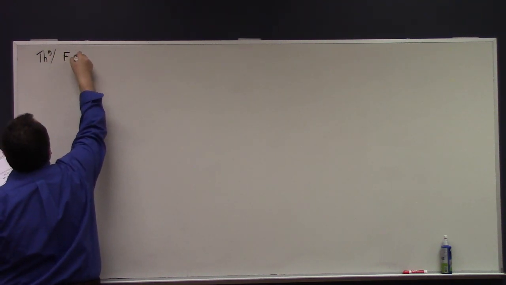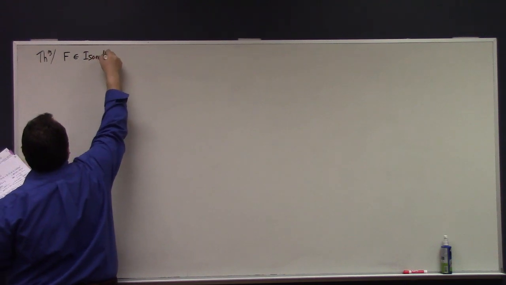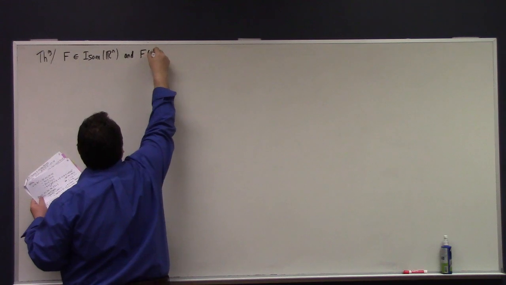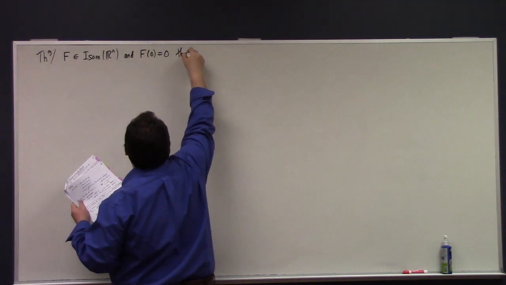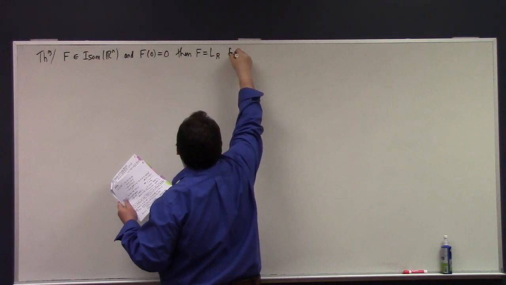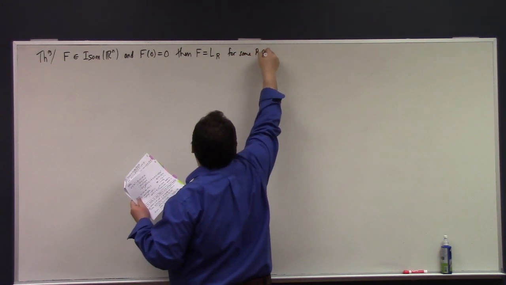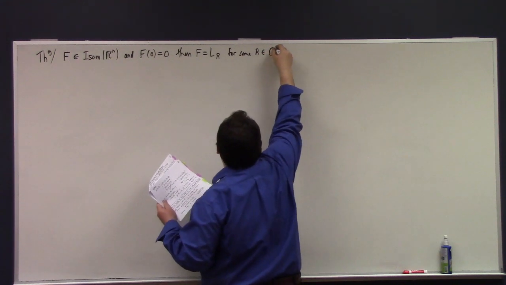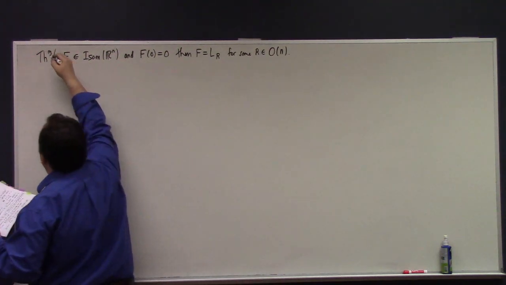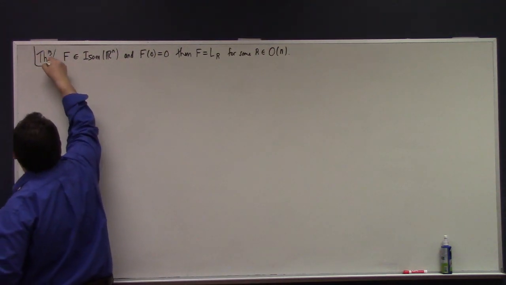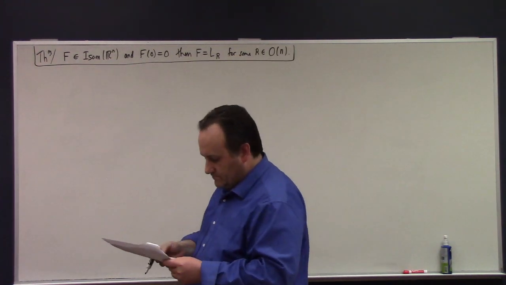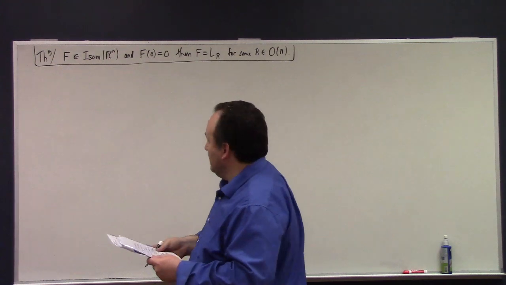If f is an isometry of Rn and it fixes the origin, then f is equal to a rotation, L sub R, for some R in On. On is the set of all matrices such that R transpose R equals I. So here's the proof.